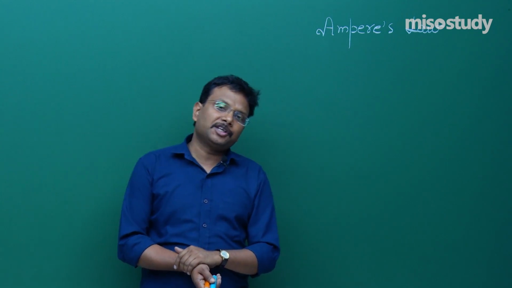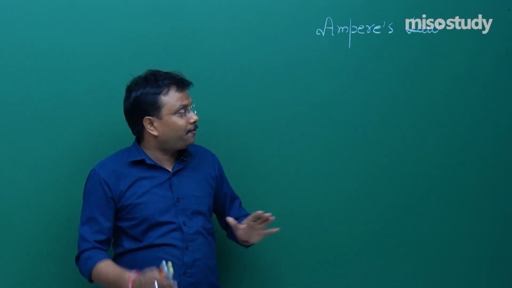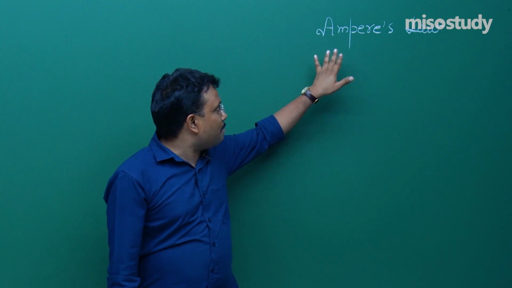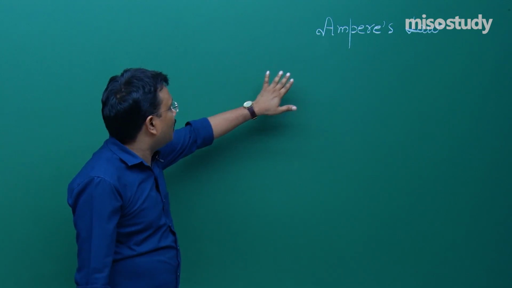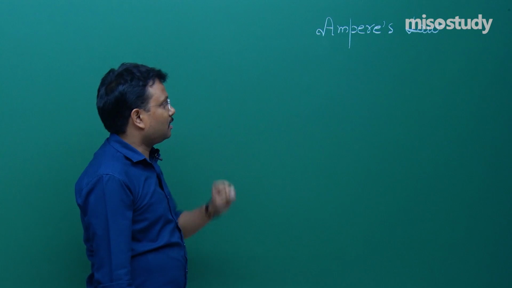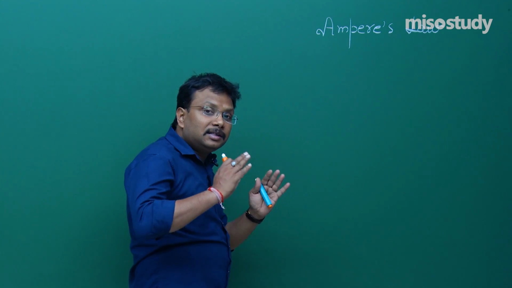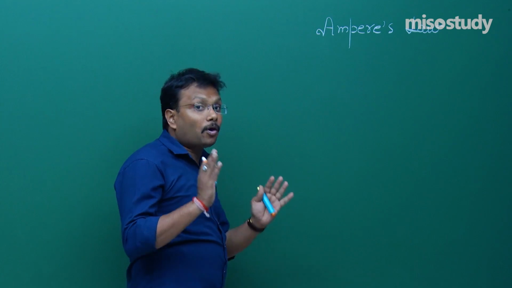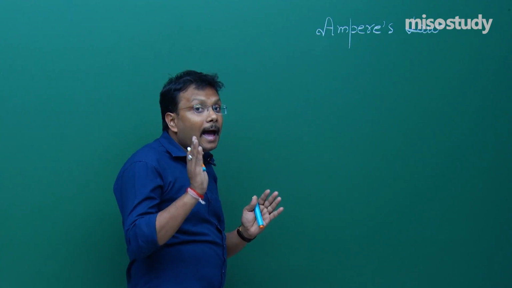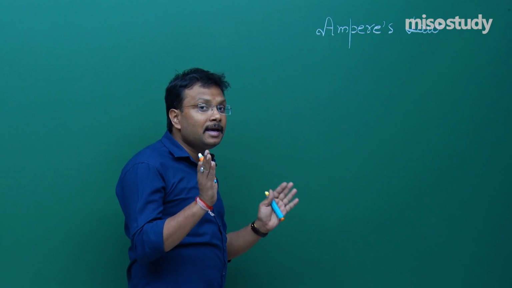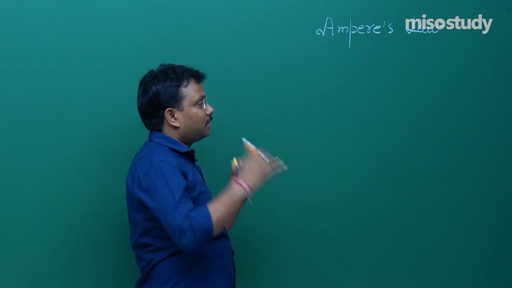Now, the first question that comes in your mind, what is the difference between this Ampere circuital law and this Biot-Savart law? Fine. So, for Biot-Savart law, distribution of the current was important and also the angle theta was important. Here the situation is different.